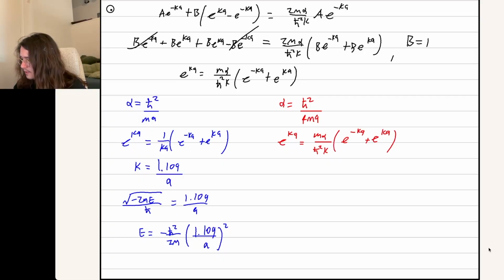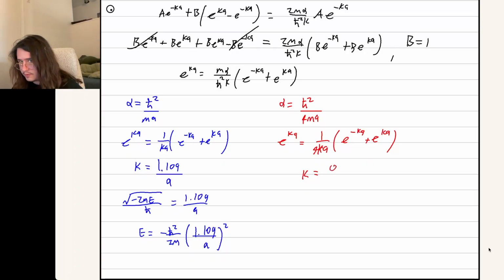And that's actually going to be a over 4, haha. It's just 1 over 4 ka. That's now the equation that we have to solve.